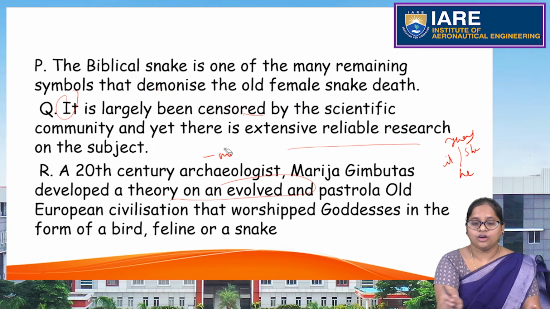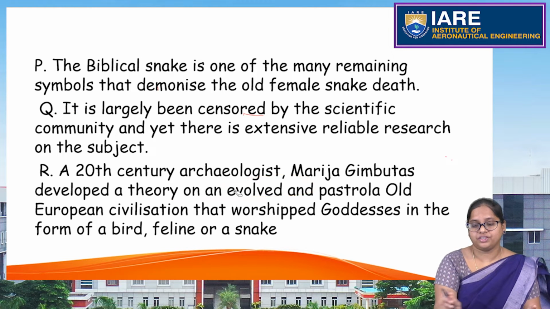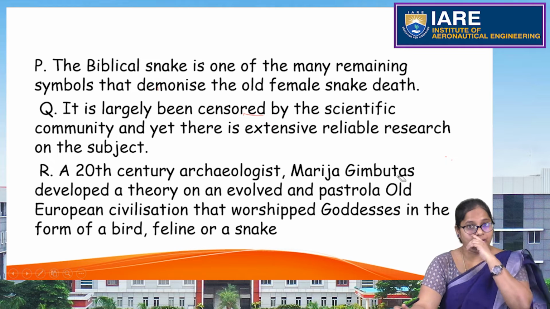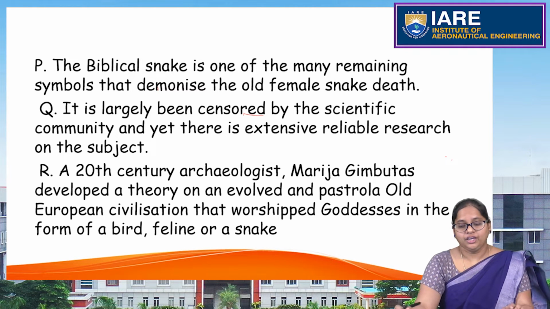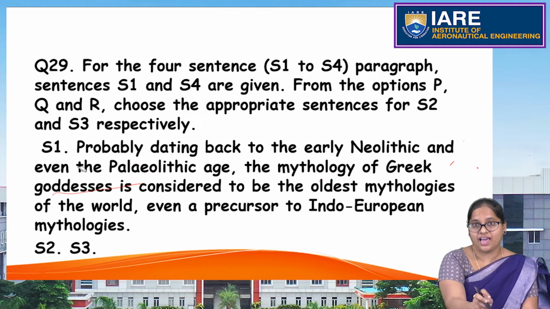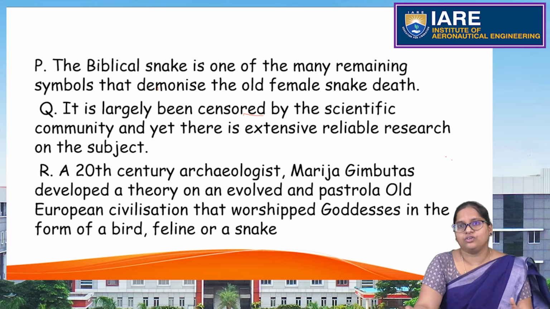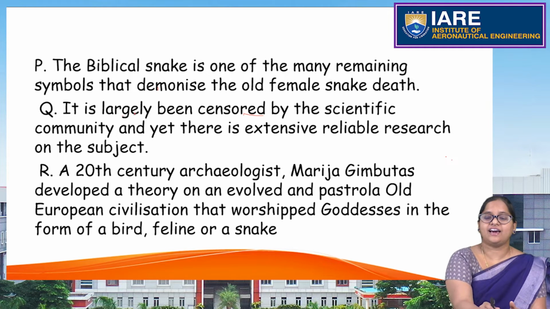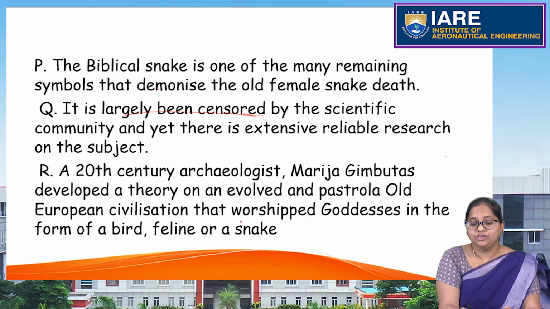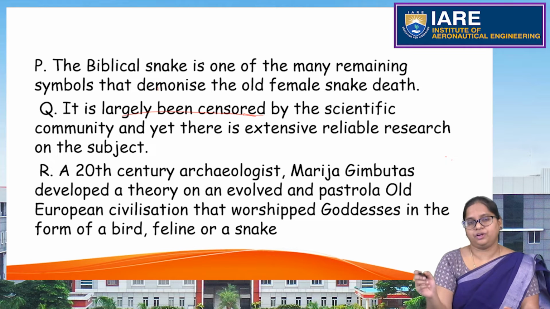So as a result, you can take R as the continuation of the first point, and then you can take up the other option, followed by, probably dating back as the first option as usual, which is given in the question, and you can take R as the following one, and then it is largely censored. What is it? You've already mentioned, right? It refers to the thought, something which has already been mentioned in the previous paragraph.